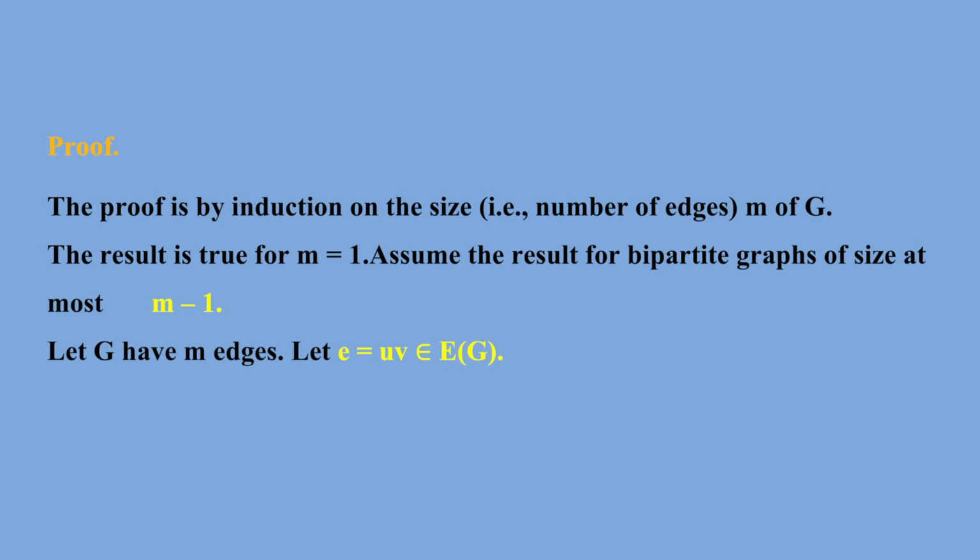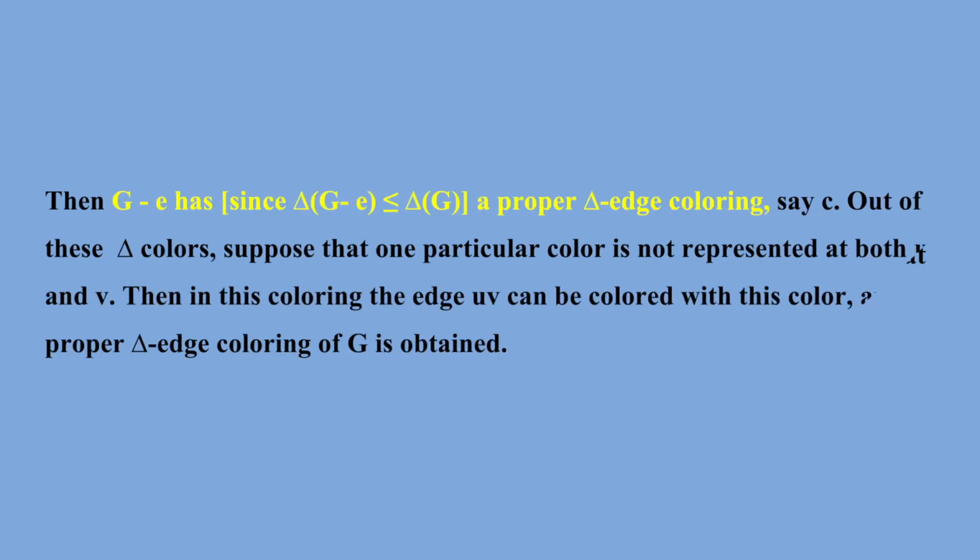Assume the result for bipartite graphs of size at most m minus 1. Let G have m edges. Let e equal to uv belong to E of G. Then G minus e has a proper delta edge coloring, say C.